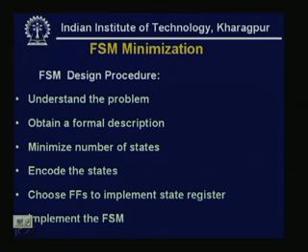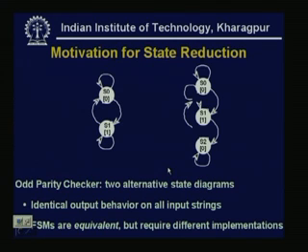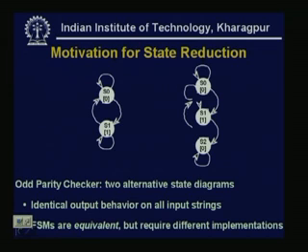Now we will see the minimization. Again we consider the example we discussed last day, the odd parity checker. That means for one input pattern, if the number of ones is odd, it will give output 1, and otherwise 0.